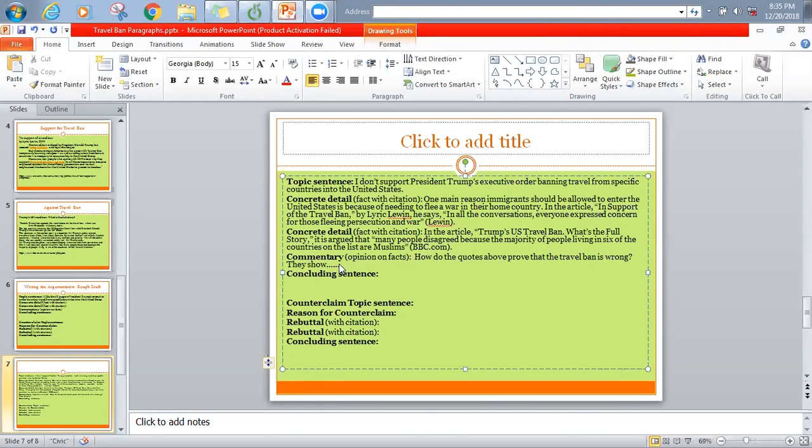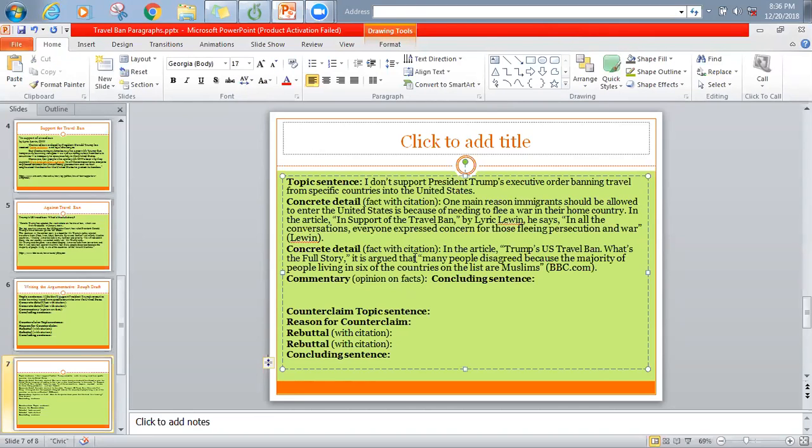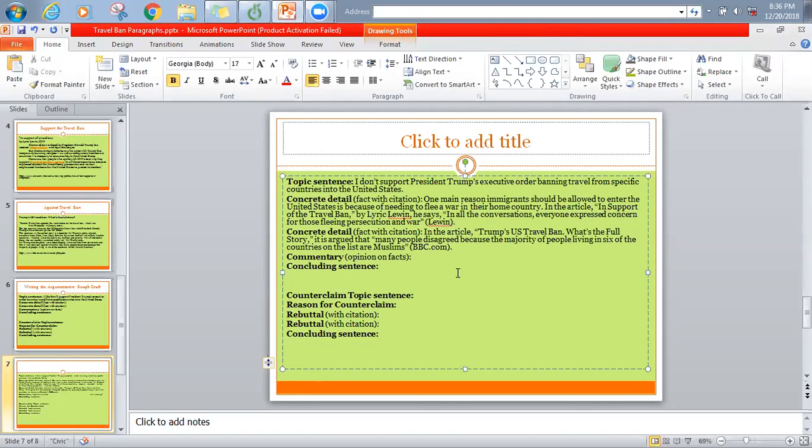I think one thing that might be helpful is if I give you an example for the first one, and then maybe one of you will feel a little more comfortable for the next one. I'll say, this shows that people in the world need a safe place to go. Of course, I'm referring to that first concrete detail about fleeing persecution and war.